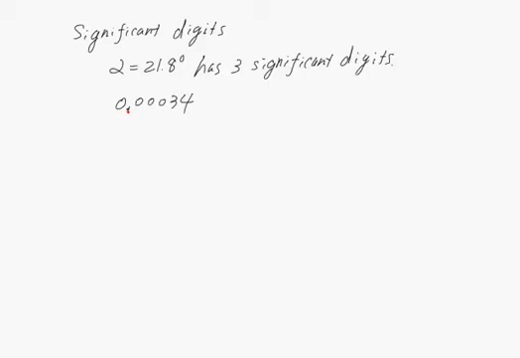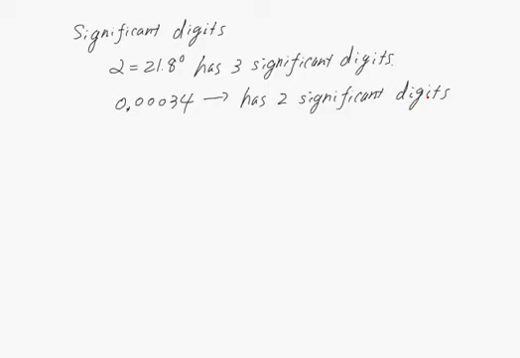Then in this case, all those three zeros to the right of the decimal point are not significant digits. So this number actually has only 2 significant digits.